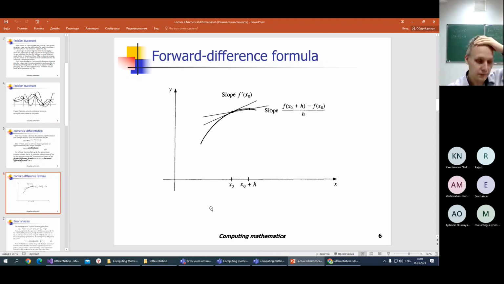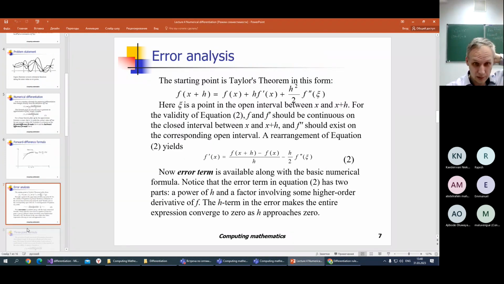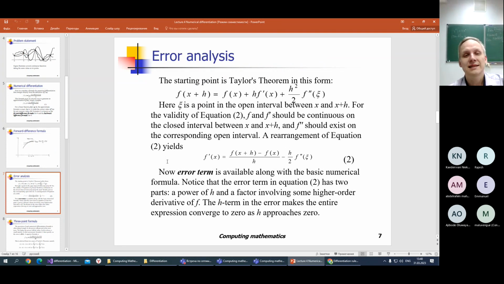Well, let's consider some basic error analysis. The starting point of error analysis is the Taylor formula, Taylor's theorem.